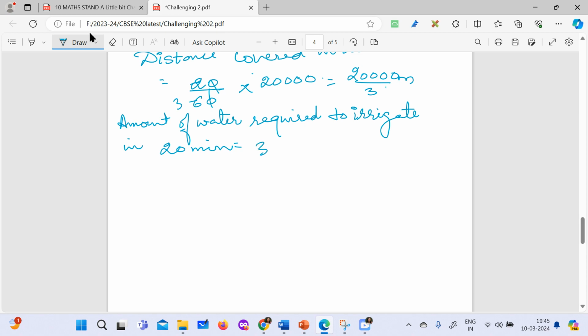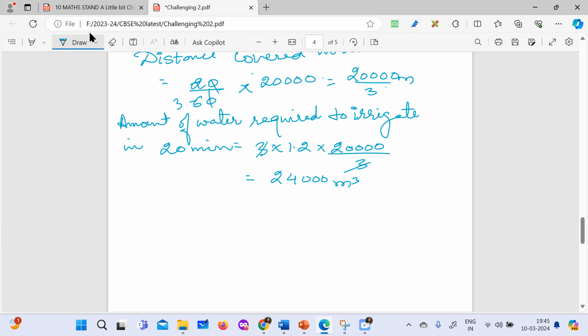So you will have 3 times 1.2 times 20,000 over 3. So we can cancel this, and we get here 24,000 meter cube of water is required.